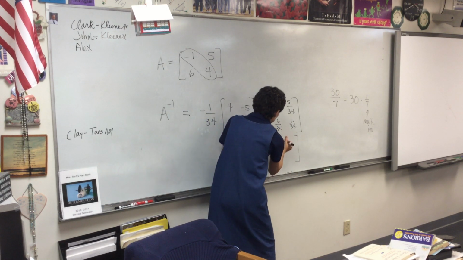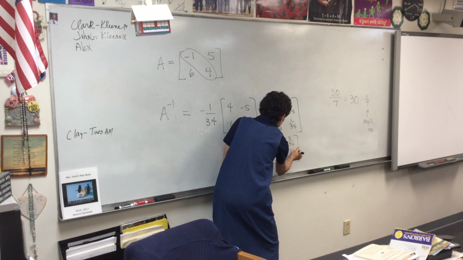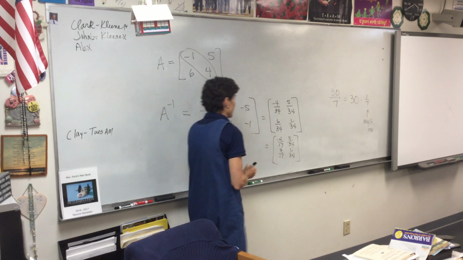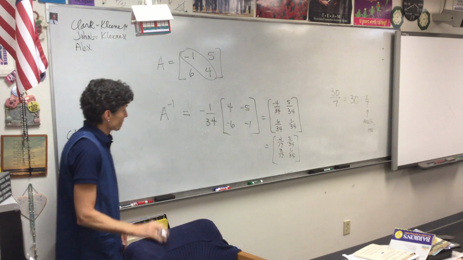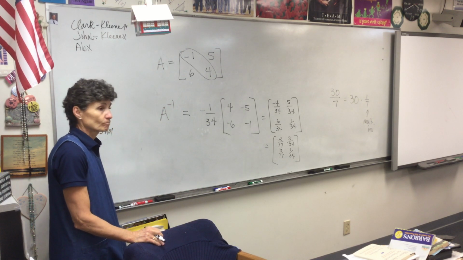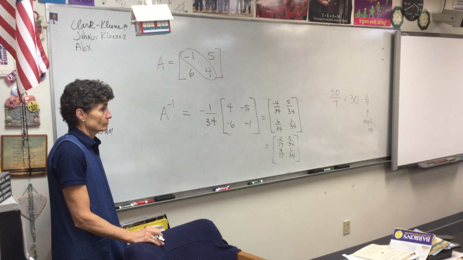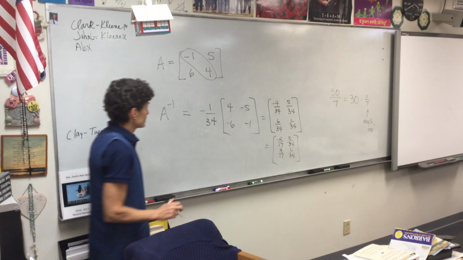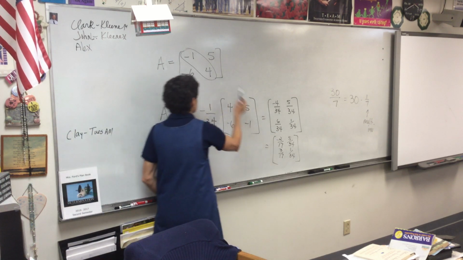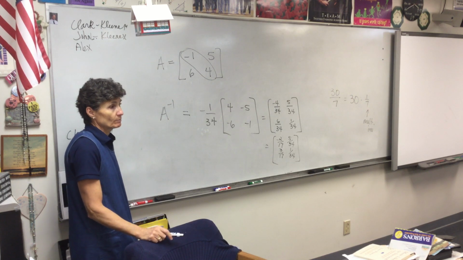So that would be negative 2/17. And there is your inverse, if I didn't make any mistakes. In other words, if you multiply that times the original, everything would cancel out.